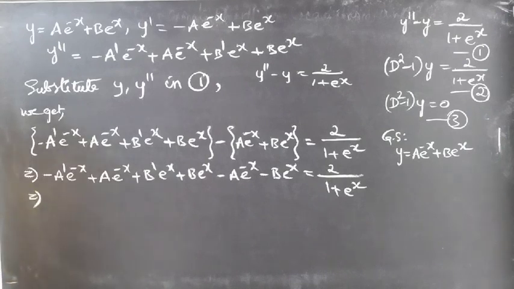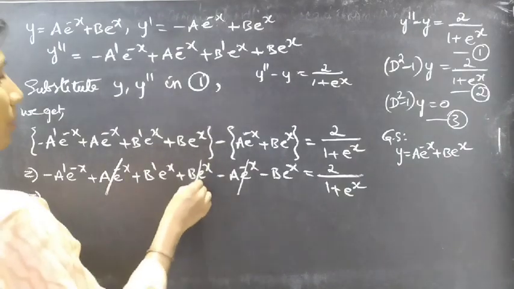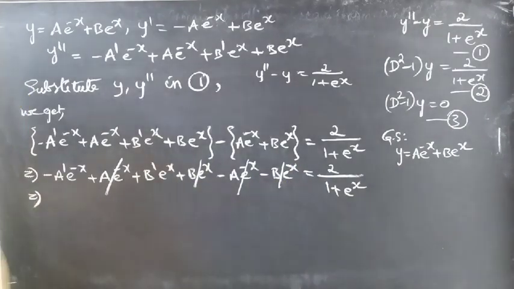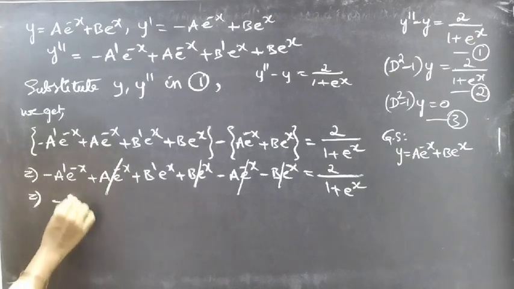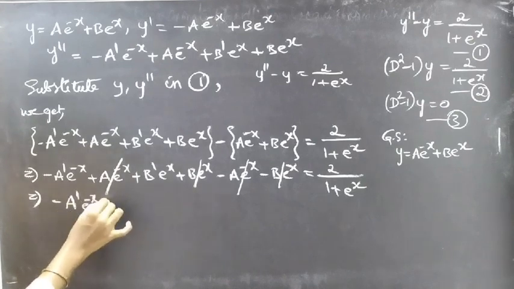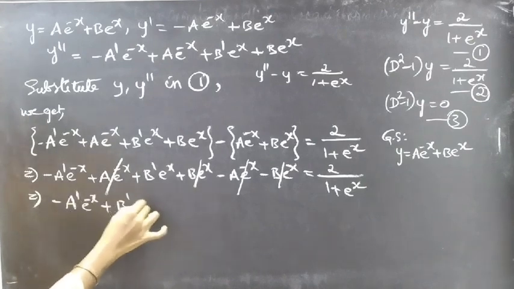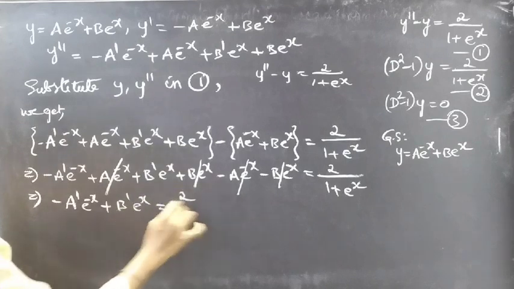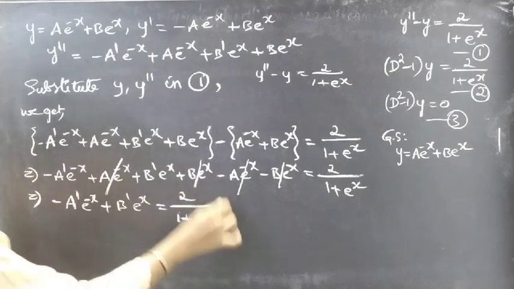Here plus a e power minus x and minus a e power minus x get cancelled, and plus b e power x and minus b e power x get cancelled, and from this we'll get minus a dash e power minus x plus b dash e power x equals 2 by 1 plus e power x.